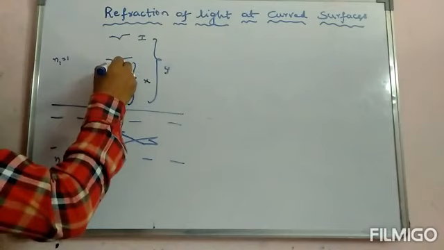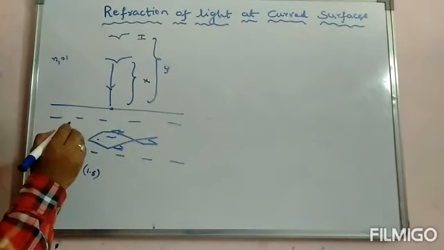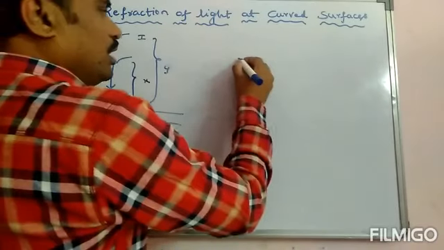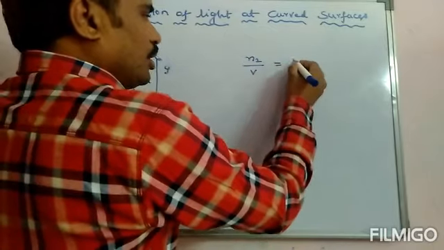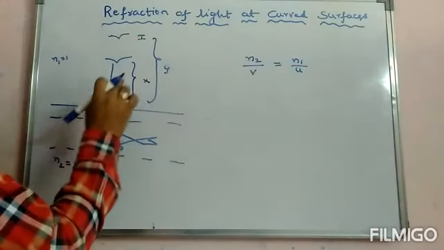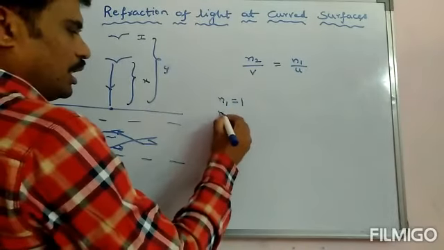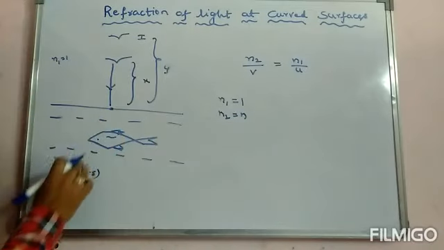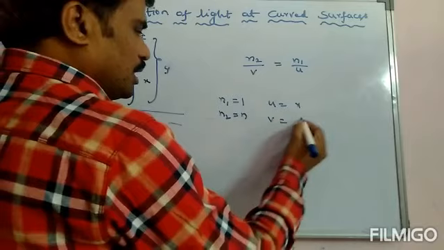Now from the object the rays are coming in this direction, and this is the optical center. Right. Now what is the plane surface formula? Plane surface formula is n2 by v is equals to n1 by u. Right. Here the object, what is n1? N1 value is 1, n2 value is n, object distance is x, and image distance is y.